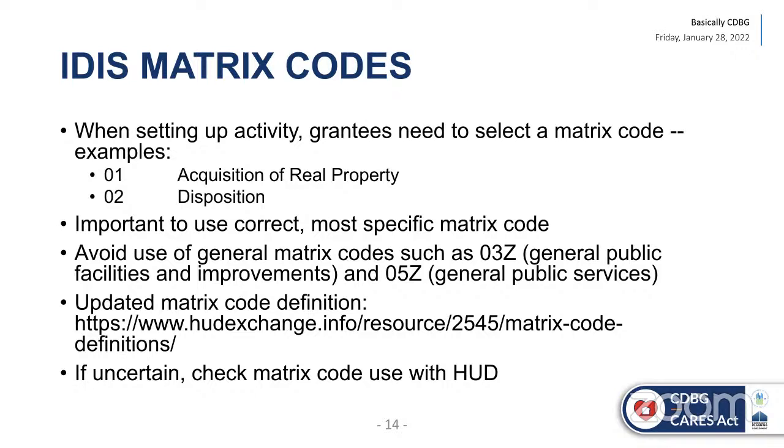If you're unsure which matrix code fits your activity, consult with your field office CPD rep and they can help you. You can also, of course, submit your question to HUDexchange.